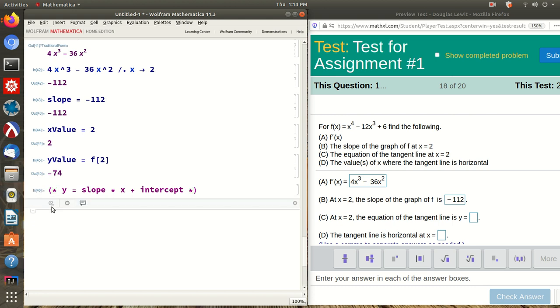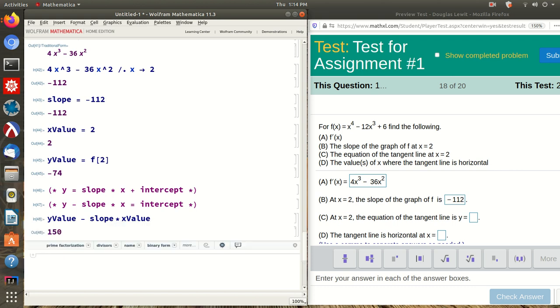But that's the same thing as y minus slope times x is equal to the intercept. So my y value minus the slope times my x value is equal to the intercept. The intercept is 150. So we're going to have 150 minus 112 times x.